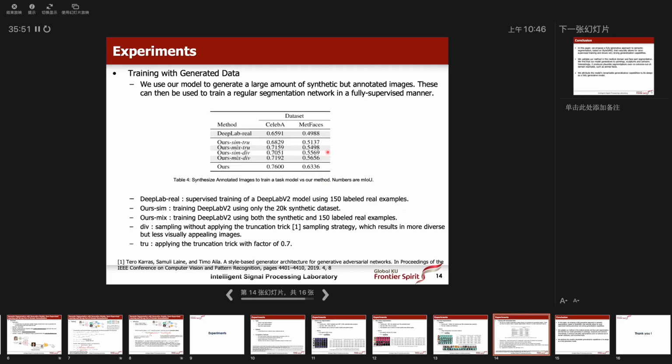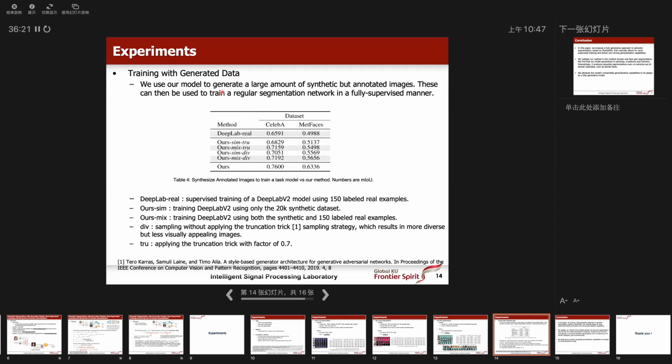And for the ablation study, the author also trained a model with the generated data. As introduced before, the proposal can reconstruct the image, and it can also generate the segmentation map of the reconstruction. So we can get lots of synthetic data.